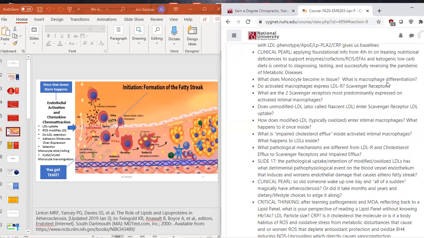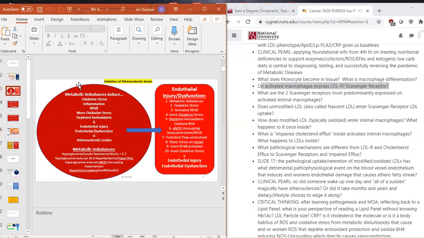So it's definitely reversible. All right, what does monocytes become? We said macrophages. What is macrophage differentiation? That's when you have an activated macrophage becoming a pumping out system of cytokines. Do activated macrophages express LDL receptors? And how about scavenger receptors? All right, so be sure you recognize and go back and review these on your own.